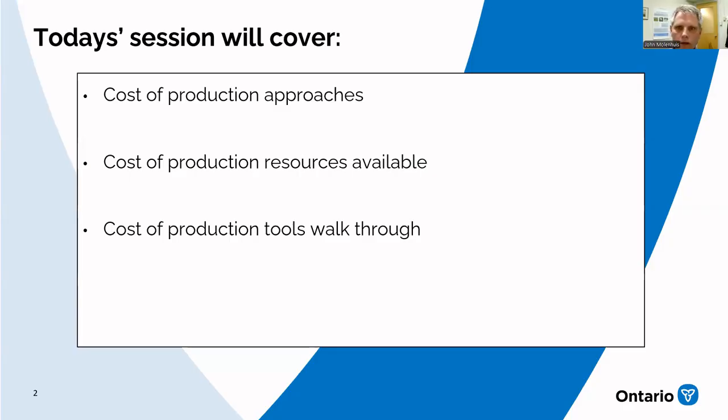We also have another tool that can help producers calculate the cost of production based on their information. We'll spend the bulk of our time walking through the worksheets to give you a sense of the flavor of what those tools can do for you.